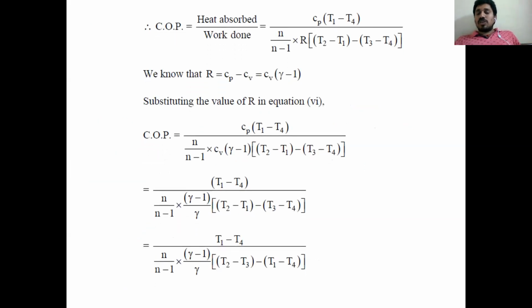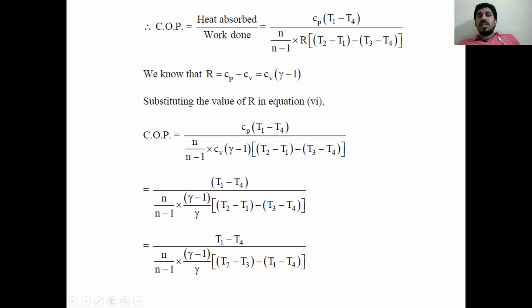The COP of the system is the amount of heat removed from the cooled space, or refrigerating effect, divided by the network input required. So the same thing I have written: Cp T1 minus T4 over the network input required, n by n minus 1 R in brackets T2 minus T1 minus T3 minus T4.